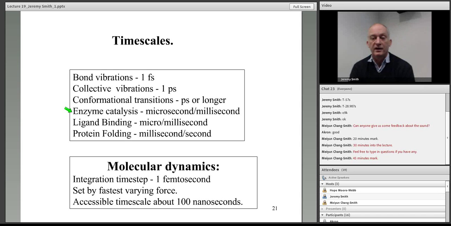Now, how could that be? Well, it's clear that enzymes must move to function. If you froze the atoms in place, you would never get any reaction to take place, other than electron transfer.